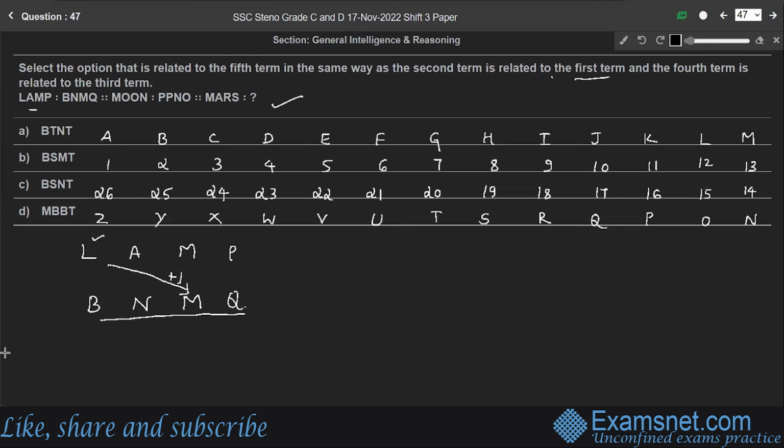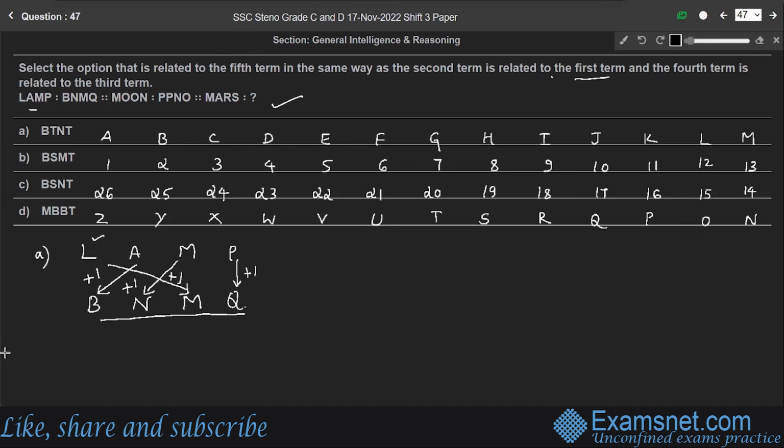The second letter A is coded as B, A plus 1, its next letter. The third letter of the given word is coded as N, which is the second letter of the code, M plus 1 is N. And the last letter P is coded as Q, P plus 1 is Q.